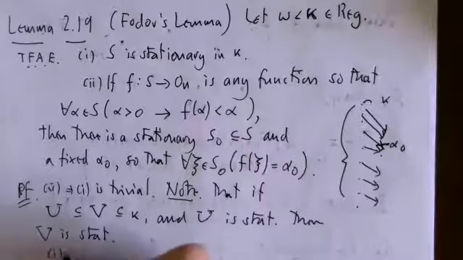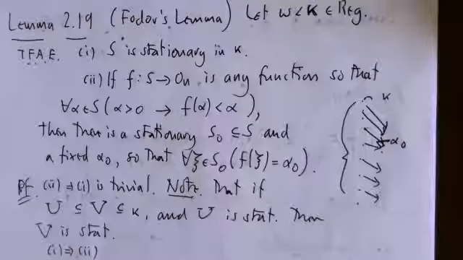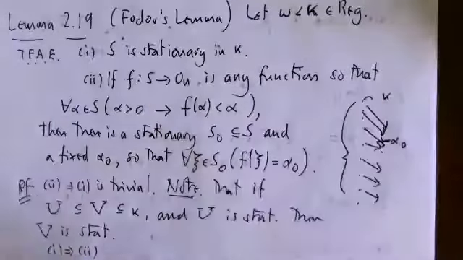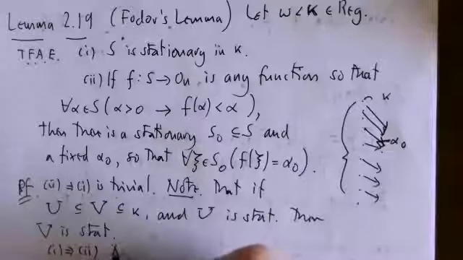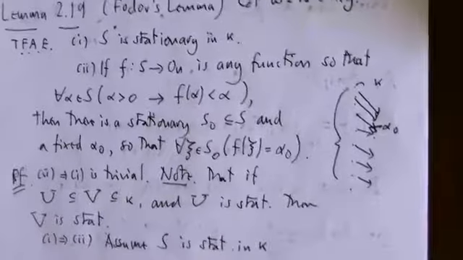So it's the other way around. It's the content of the lemma here. So we assume S is stationary in kappa here.